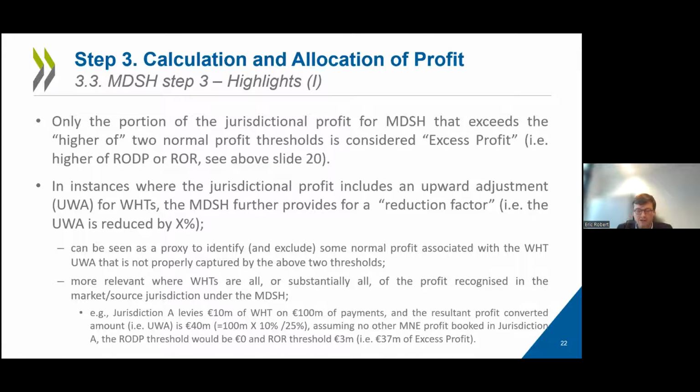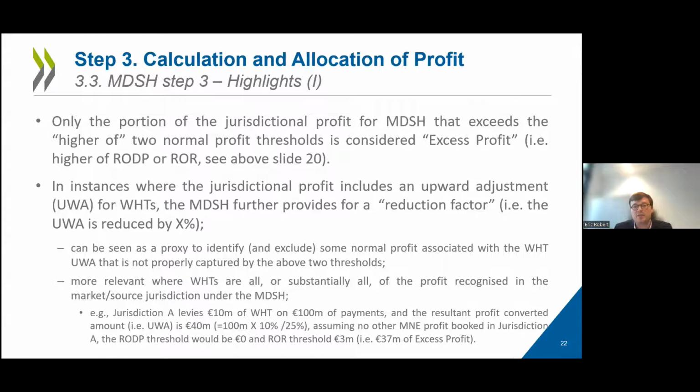You have an example here on the screen of such a scenario. Suppose a jurisdiction collects 10 million of withholding tax, the gross payment being 100 million, so it's a 10% withholding tax. If you apply the formula to identify the converted profit amount, you will obtain an upward adjustment of 40 million. That's what you put in your jurisdictional profit for the purpose of the MDSH calculations.